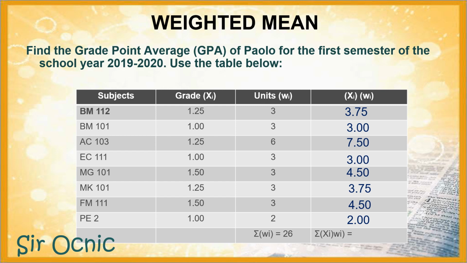After completing the products, all you need to do is to add all the products of the grade and the units per subject. That would be summation of the grade times the units is equal to 32.